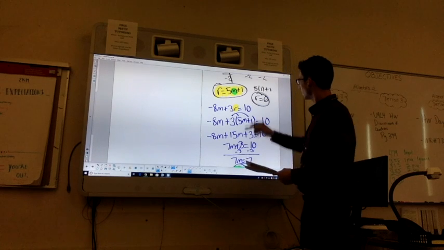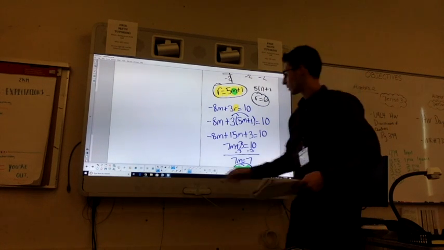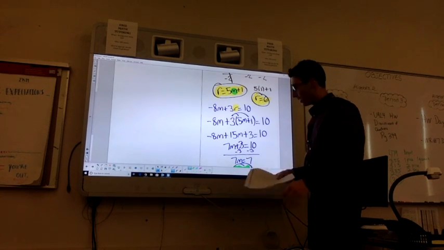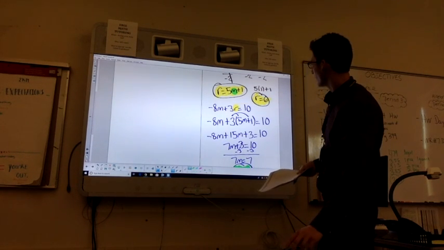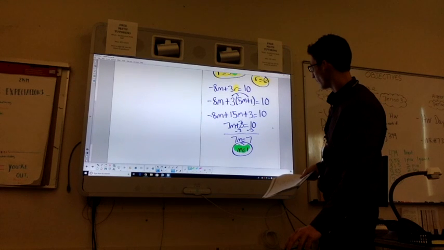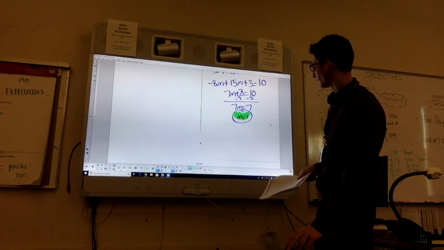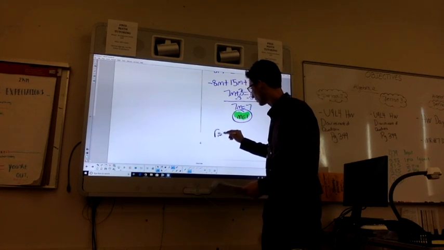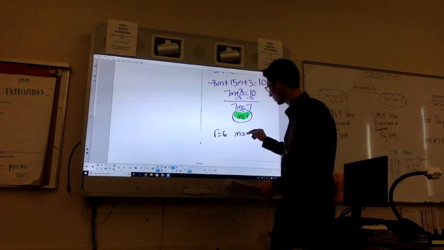Okay? r is equal to 6, and m is equal to 1, and then we go with our check. R is 6, m is 1.